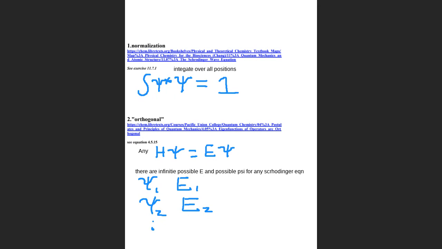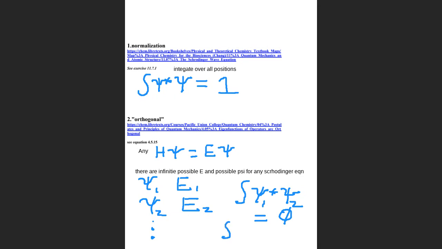If I take the complex conjugate of psi 1, multiply it by psi 2, integrate over all positions, I will get a 0.